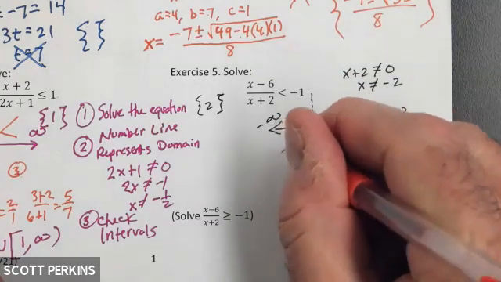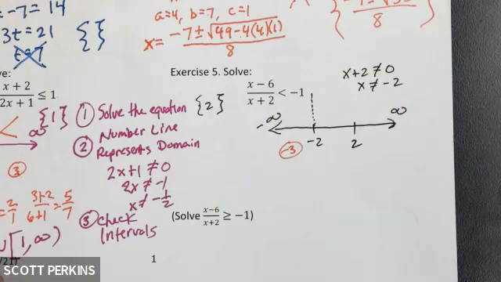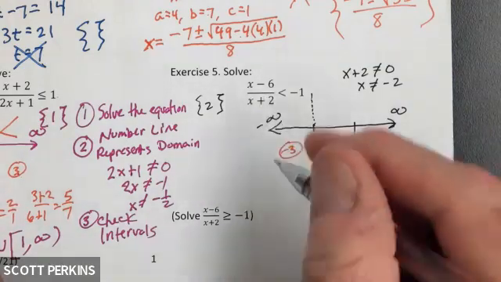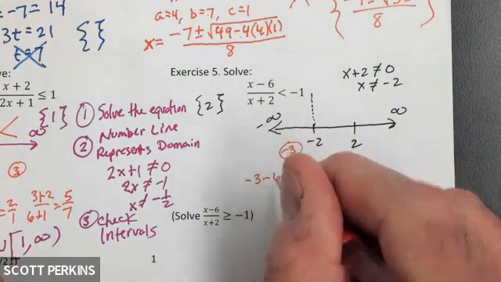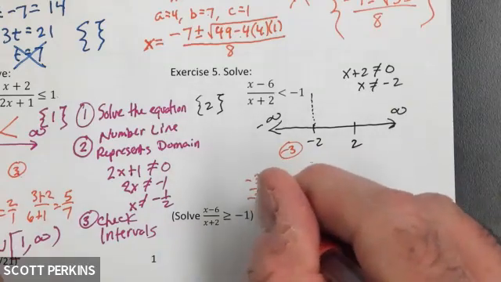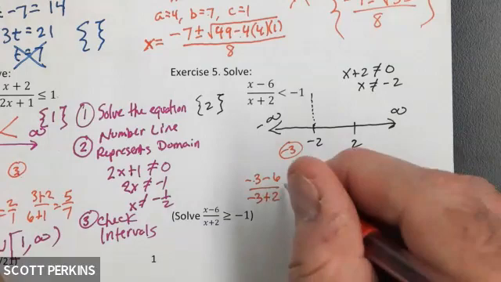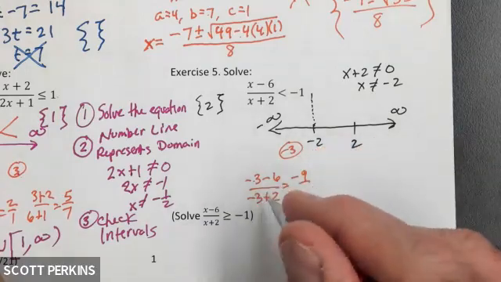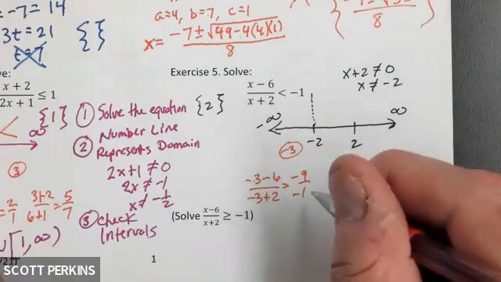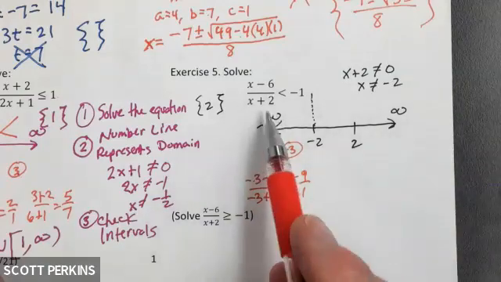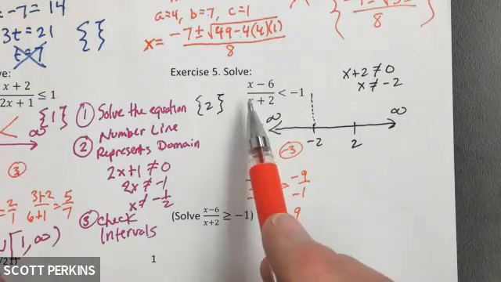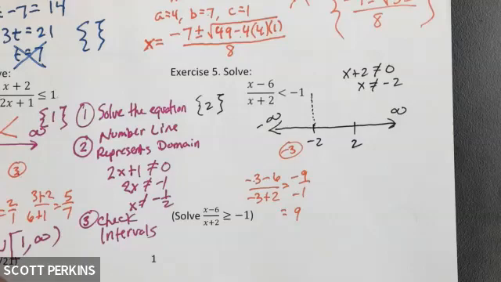So for instance, if I pick -3 right here, when I plug -3 in, I have -3 minus 6 over -3 plus 2. And -3 minus 6 is -9. -3 plus 2 is -1. So that equals 9. Is 9 bigger than -1 or is 9 less than -1?